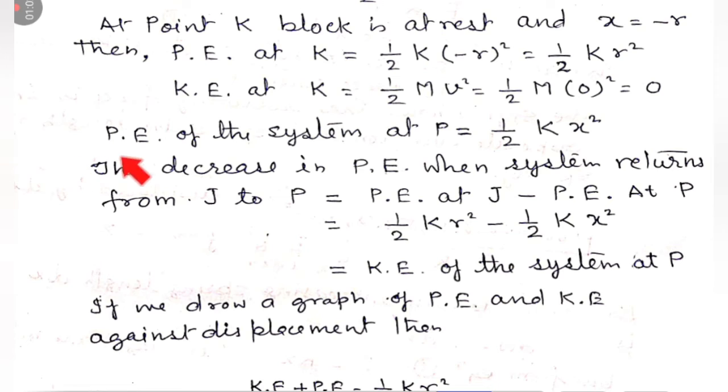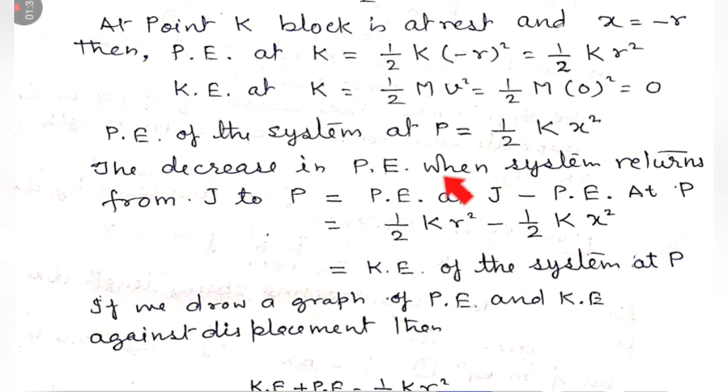Now the potential energy of the system at P. First we have seen in the picture that P is at a distance x from the equilibrium position, and the potential energy of the system at P we have calculated in the previous part. The potential energy at P is equal to half kx square.